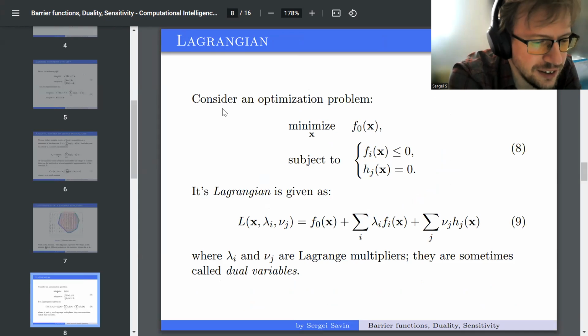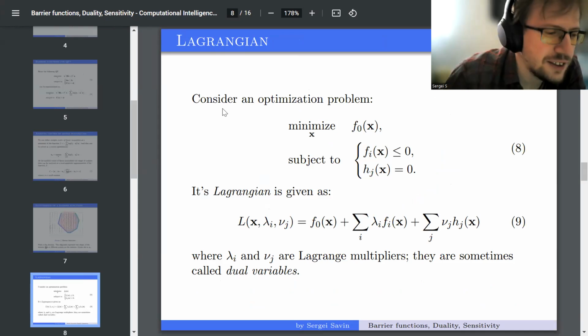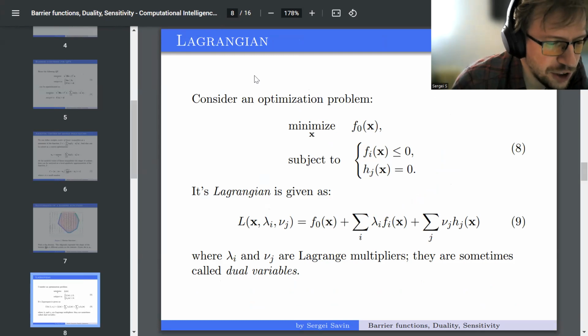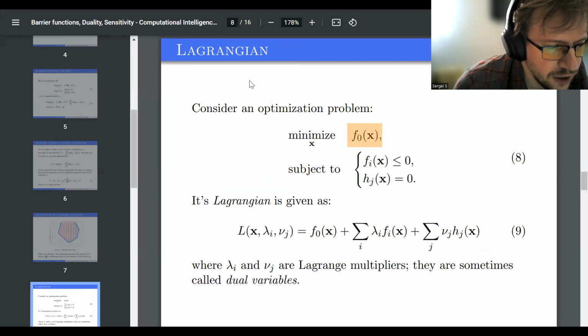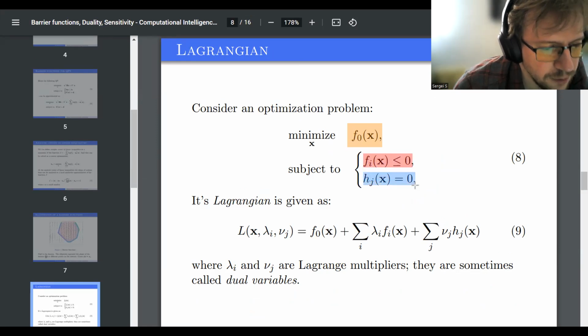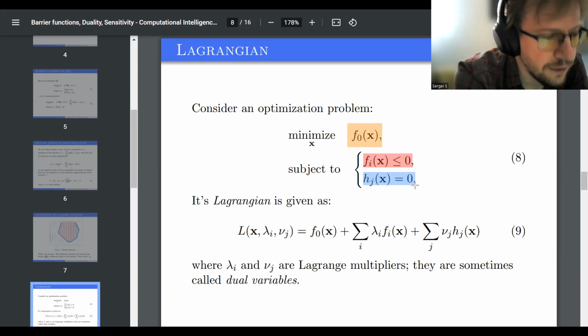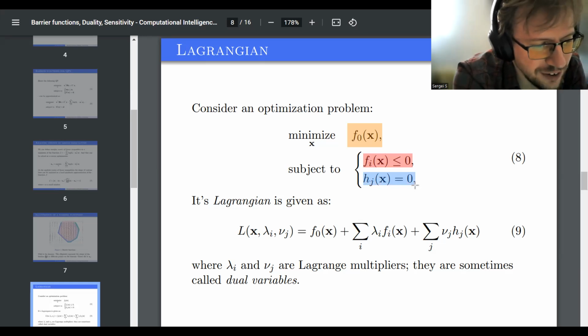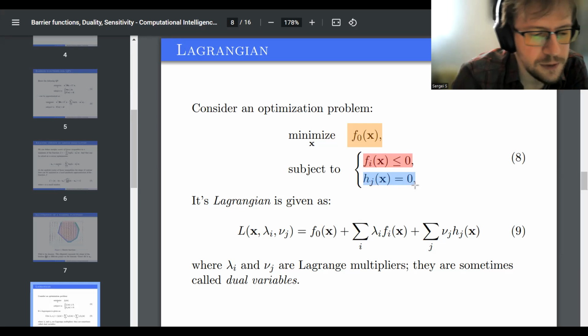Now, second part. Let us consider a very general case optimization problem. Here we have a cost function. Here we have inequalities. Here we have equalities. Okay. We can find the Lagrangian of this problem.